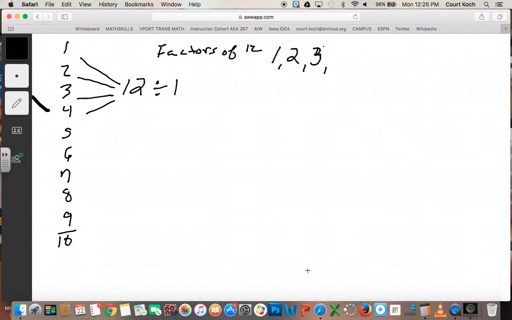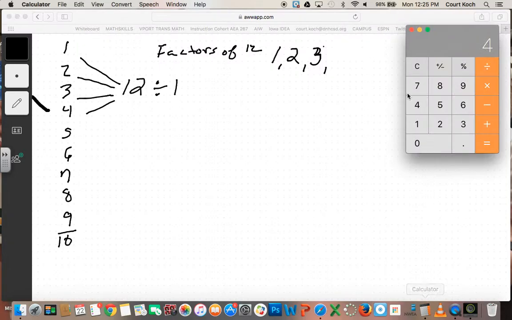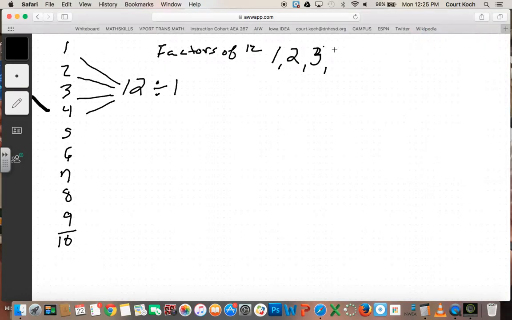Now I try 4. 12 divided by 4 works, and it's 3. So 4 was a factor. Keep going all the way till you hit 10 for right now.